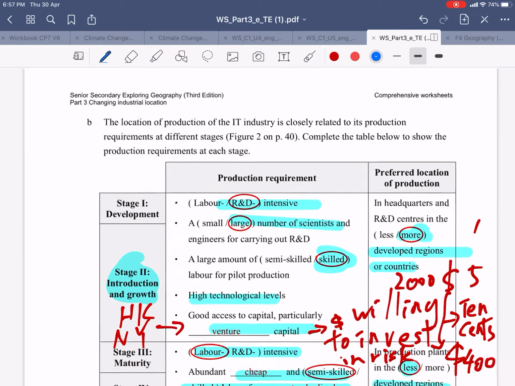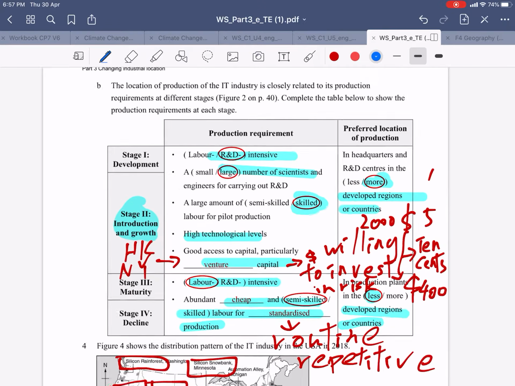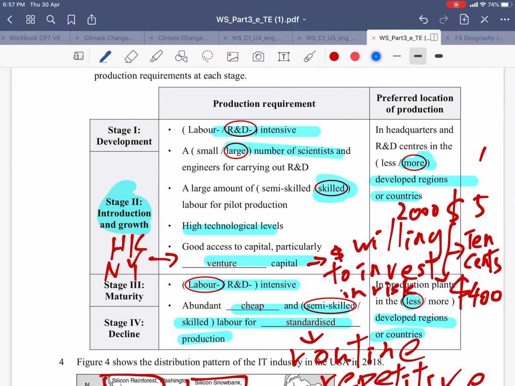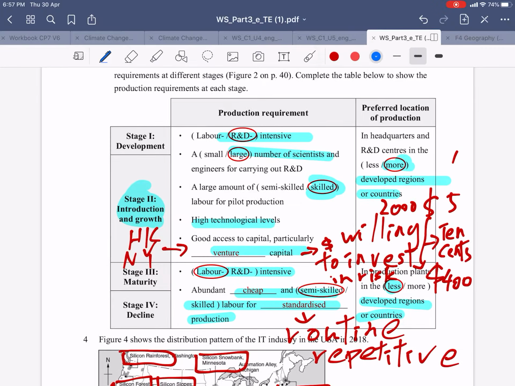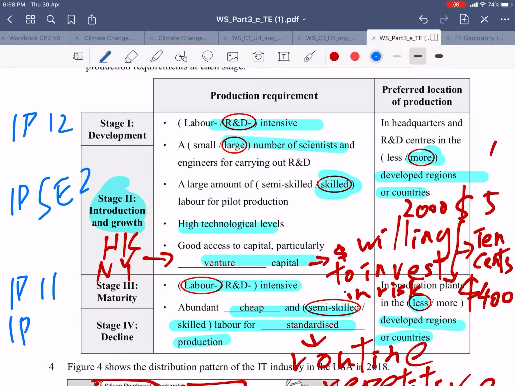But why do they have this kind of development? Because of the production requirement at the first stage, as I have said before, this one is maybe iPhone 7, iPhone 9 or iPhone 12. Right now iPhone SE2 is here, and iPhone 11 is here, iPhone 8 or 10 is here.